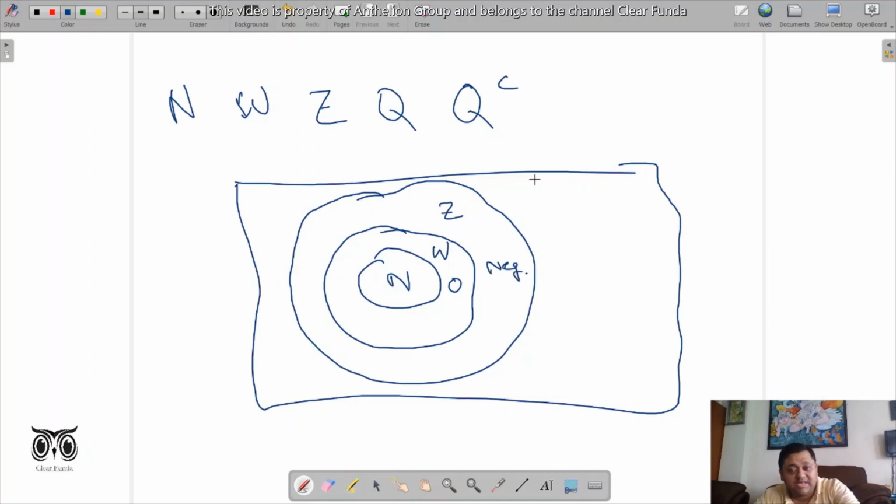ठीक है। अब इन सारे नंबर्स के साथ फ्रैक्शंस वगैरह को भी ऐड कर देंगे, तो ये सारे हो गए आपके। बाहर नहीं जा सकता, राइट, या सॉरी, ये भी बाहर नहीं जा सकता। हाँ, फिर से बाहर चला गया। हाँ, ये भी नहीं हो सकता। Why am I not able to do this?